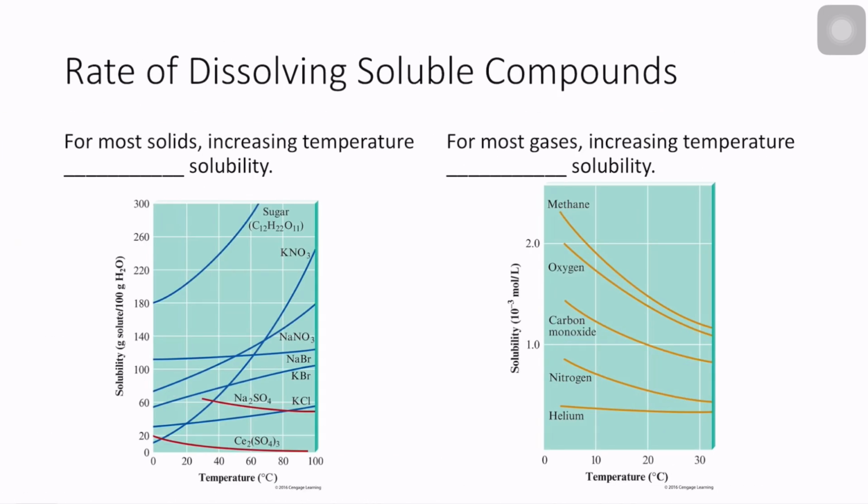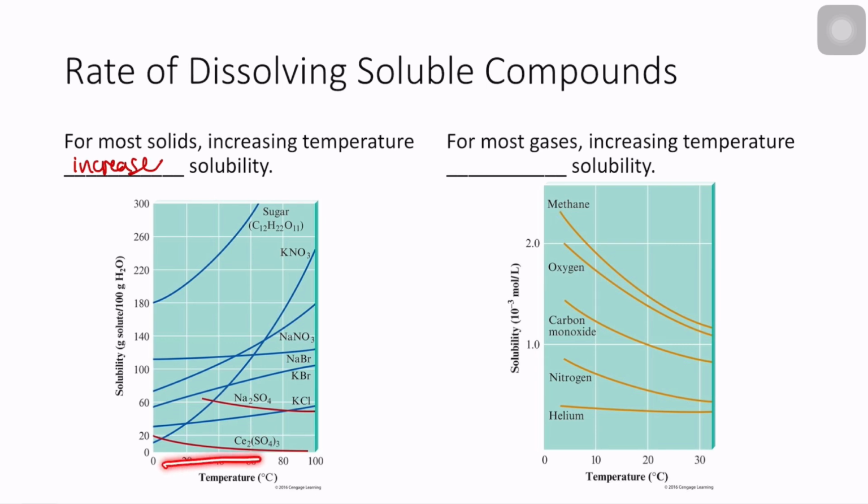When you're dealing with solids and liquids, if you increase the temperature, you're going to increase the solubility. So in this graph, we have some different solid solutes, and we can see the different ways the solubility is changing with a change in temperature.